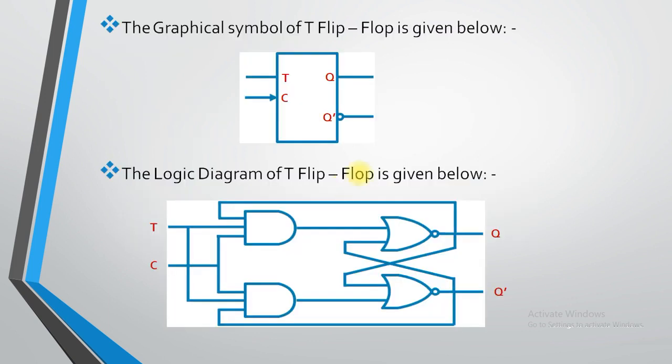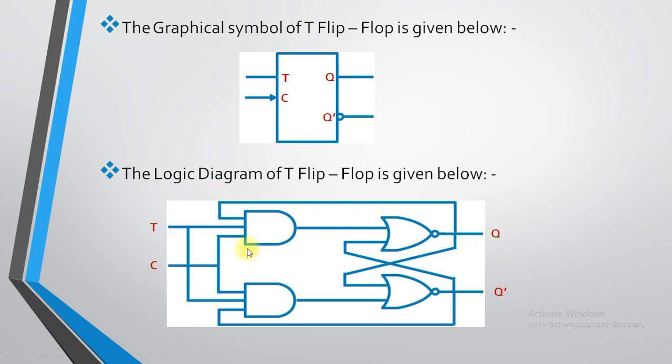Here is the graphical symbol of flip-flop T. Over here it is represented by the variable T, and C is the representation for the clock pulse, Q represents the normal value, Q dash represents the complemented value.